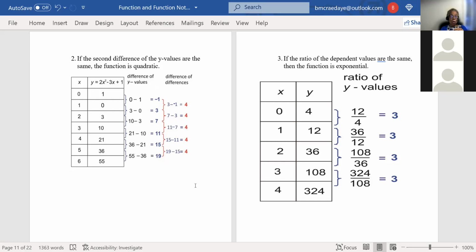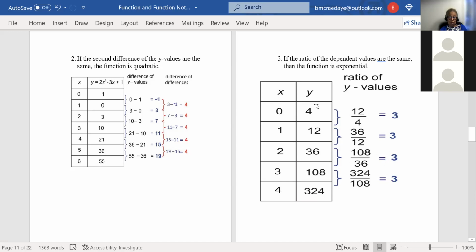Now, when we go to the exponential, the differences are not the same, but the ratios are the same. So you could say 12 over 4 is 3, 36 over 12 is 3, 108 over 36 is 3, and 324 over 108 is 3.